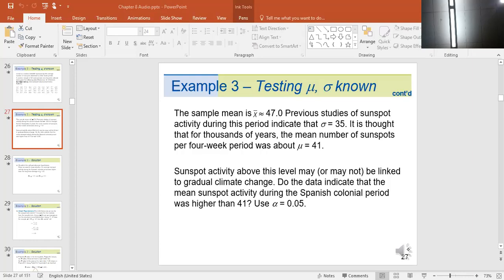You will start with 80. Mu 0 is 80. You will put 41. Mu equals 41. The last one is 81.